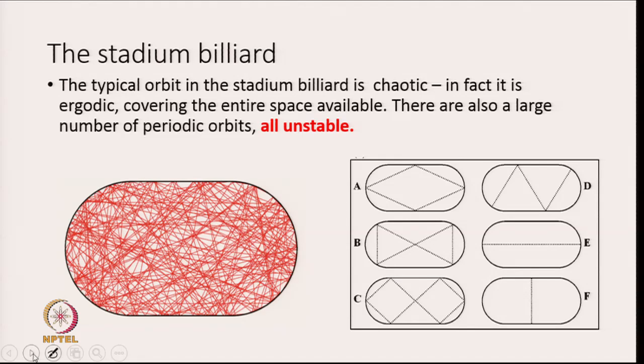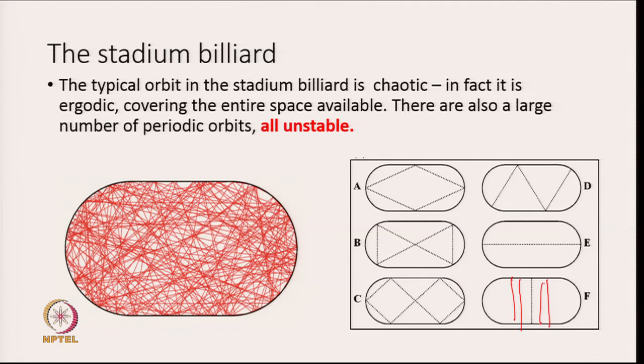In addition to a chaotic orbit such as the one shown over here, we also have a host of periodic orbits. For example, there is one that bounces back and forth between the midpoints over here. There are an infinite number of orbits that will bounce back and forth between these walls. In fact, they have a name, they are called the bouncing ball modes.